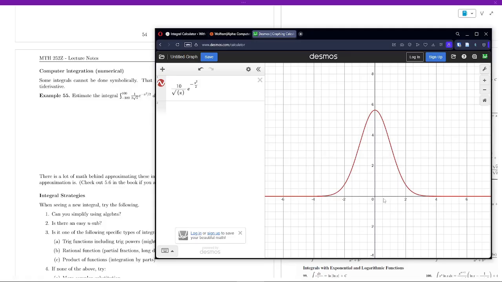If you've ever heard of p-values or confidence intervals, it's all to do with doing definite integrals with this function. So any statistical study, maybe the author doesn't literally do it, but their computer does it at some point. They can't do it with an antiderivative, right? I can't use the fundamental theorem of calculus because there's no antiderivative. So how the heck do you do it?